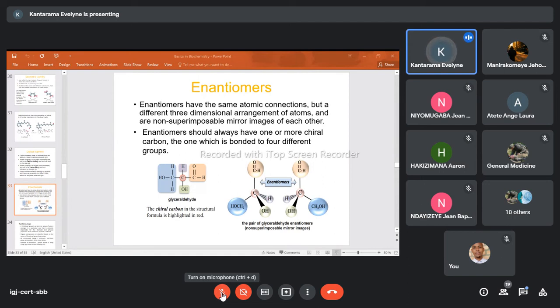When we say they are non-superimposable, it is because you cannot put your hands together and see the thumbs together unless you flip the other side. That is really not an image of your hand.